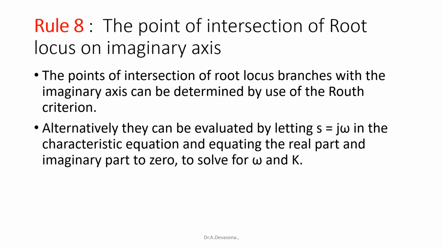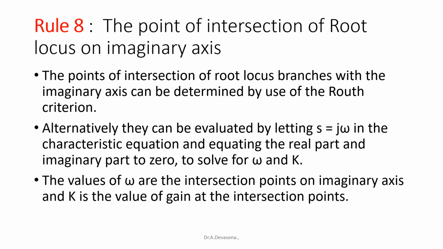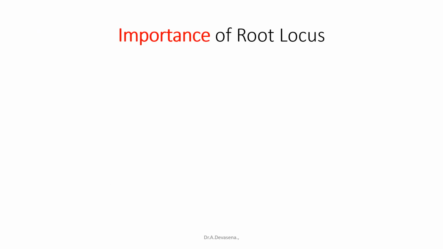Alternatively, they can be evaluated by letting s equal to j omega in the characteristic equation and equating the real part and the imaginary part to 0 to solve for omega and k. The values of omega are the intersection points on the imaginary axis and k is the value of gain at the intersection points.